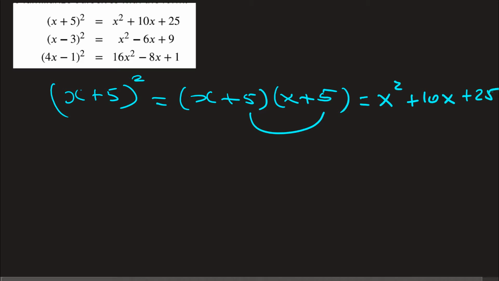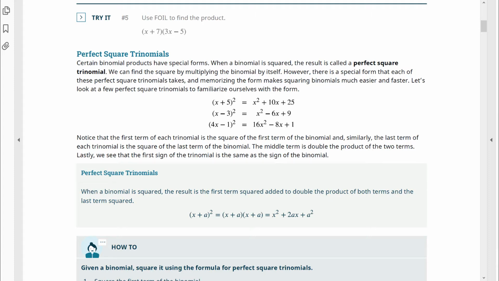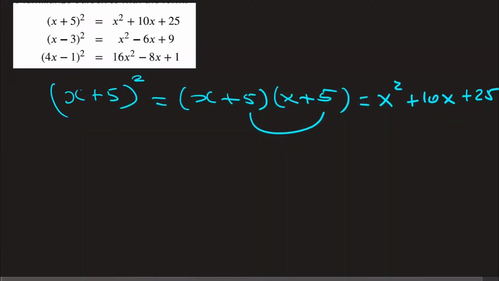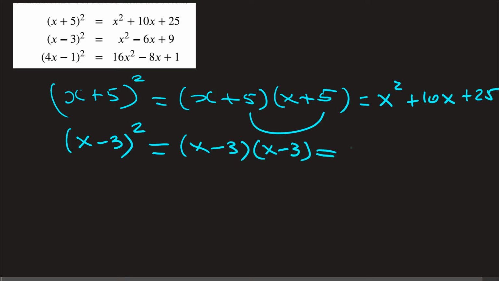This is the answer that the book gives. See that? And then about x minus 3 squared, which is x minus 3 times x minus 3. It gives first, then add those both, minus 6x, plus 9.